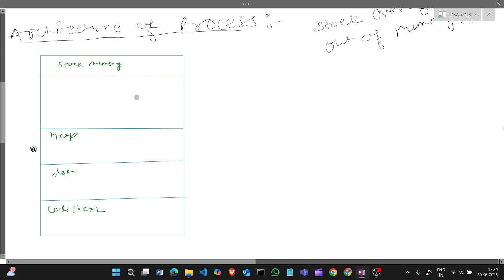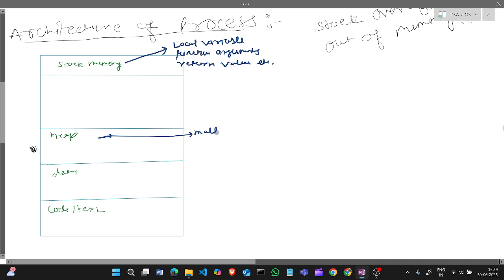Now, what are the functions of this? Stack memory stores the local variables, function arguments, and return values, etc. And heap memory is responsible for creating memory at runtime.